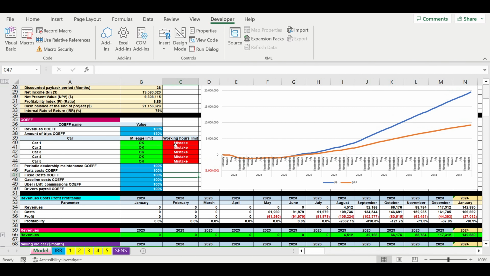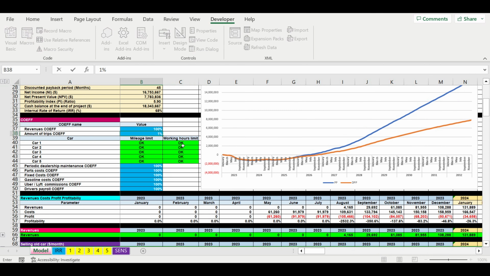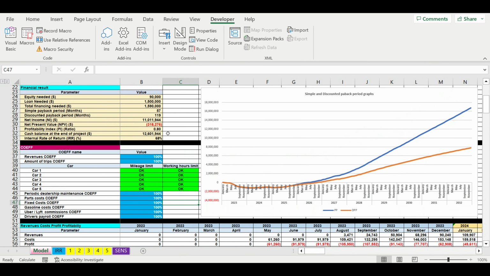According to our system of limits, we can see that these are unrealistic numbers, and we need to decrease this coefficient. It is still unrealistic. Let's go to 120. So that's okay. This way we can create a huge amount of scenarios and see how our business idea will act this way and that way, and we can very quickly see how stable our business idea is.